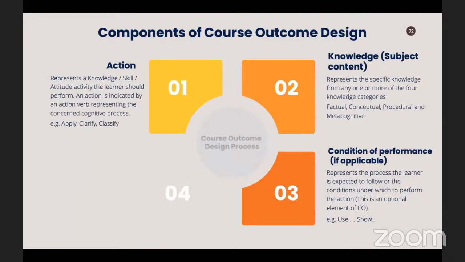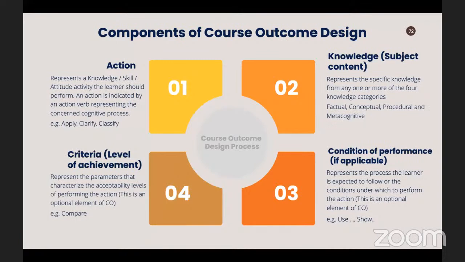That is to clearly define what is expected from the students. When they learn this subtopic, the desired level of cognition is defined by us, which is the condition of the performance, right? They should be able to do that. So this is to be taken into account while designing the course outcome statement.